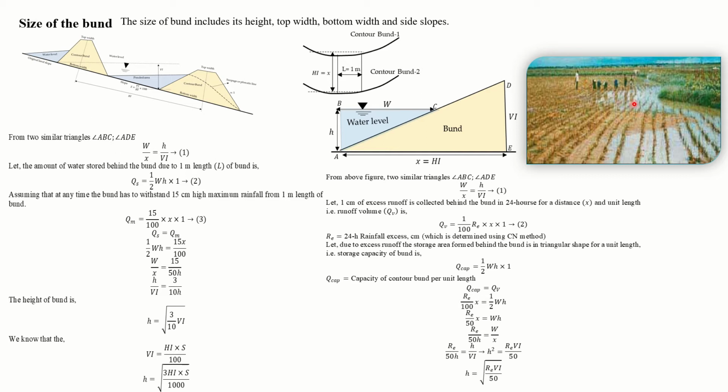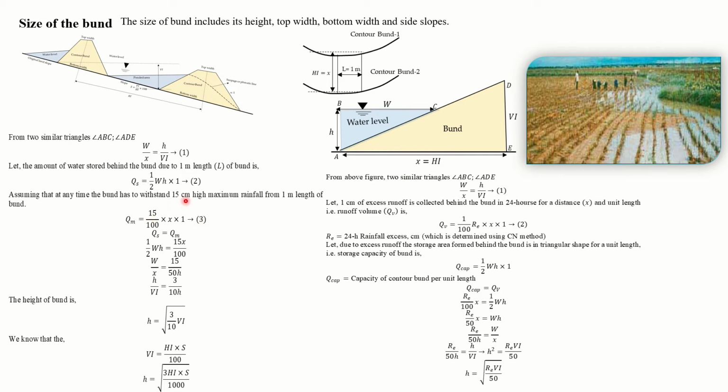It is not stored at just a point; it is stored over some length and width, so we assume 1 unit width. Now area into depth gives the volume. Assume the water has been stored due to 15 centimeter of rainfall, which has fallen in this particular region.